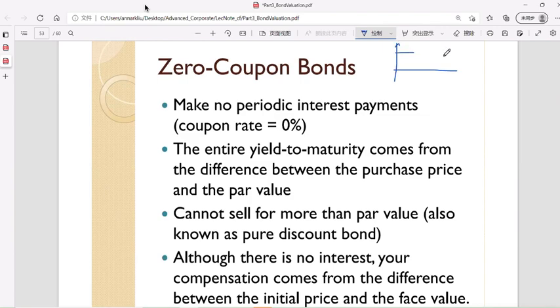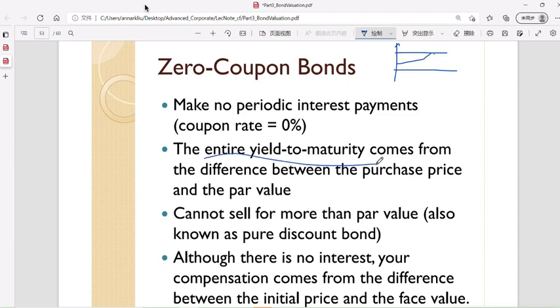It's sold at a discount in the beginning, and you will go back to very close to par. Actually, I don't think I'm drawing this correctly. It should be this way. Okay, it should be a convex way. So it will go back to its par value in the end.